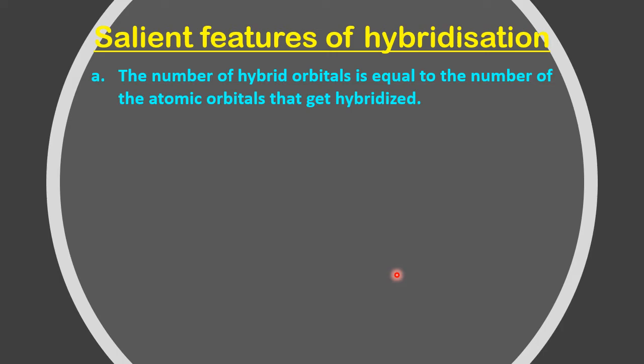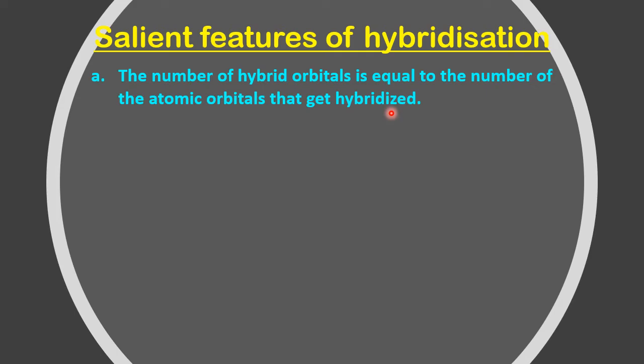Feature number one. The number of hybrid orbitals is equal to the number of the atomic orbitals that get hybridized. That means how many orbitals are taking part in the hybridization. After the hybridization, the same number of orbitals are formed. For example, if two atomic orbitals are participating in hybridization, then two hybrid orbitals are formed.